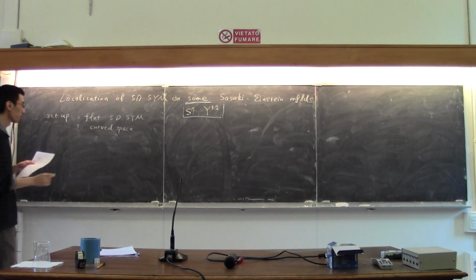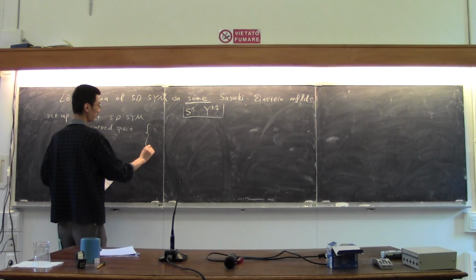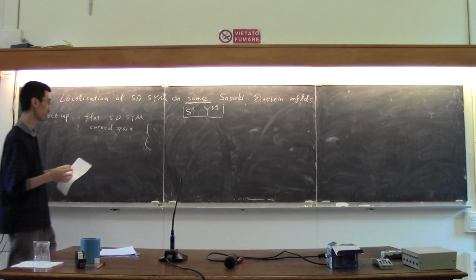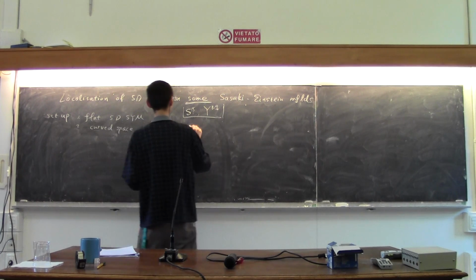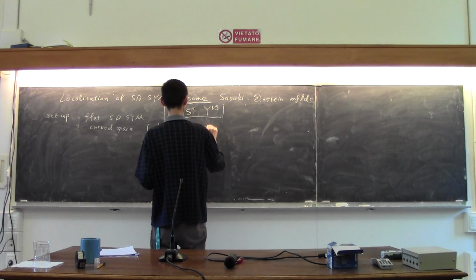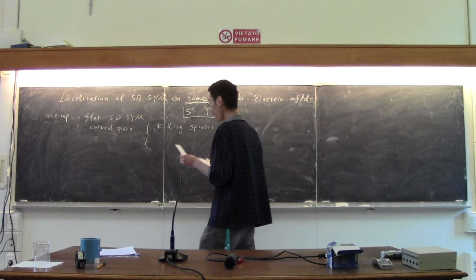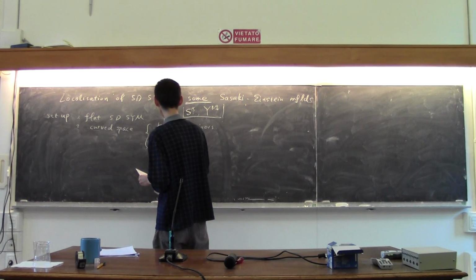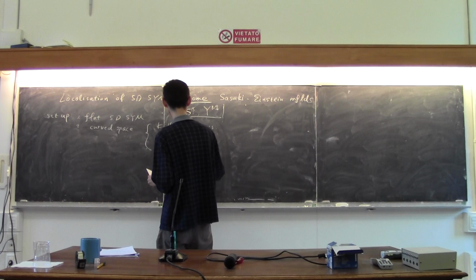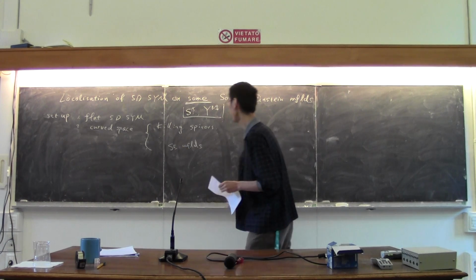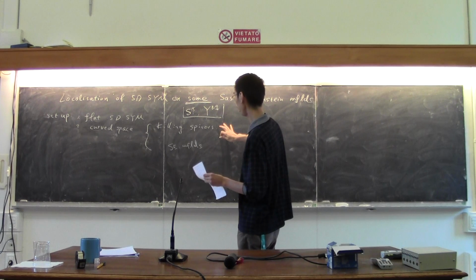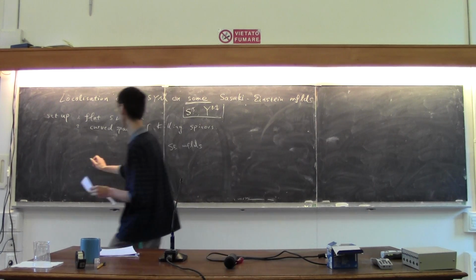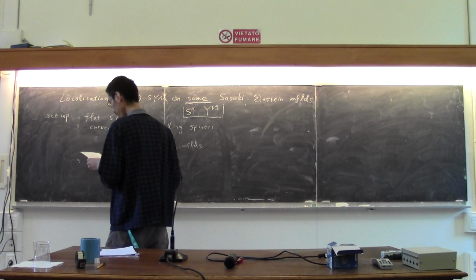This will lead to some small sub-subjects, which is mainly Killing spinors, as well as Sasaki-Einstein manifolds. I'll try to make this part not too big of a digression, because I do want to get to the results as fast as I can.